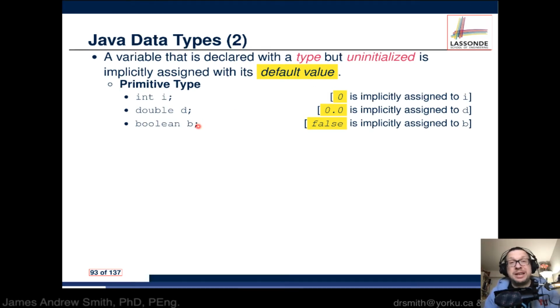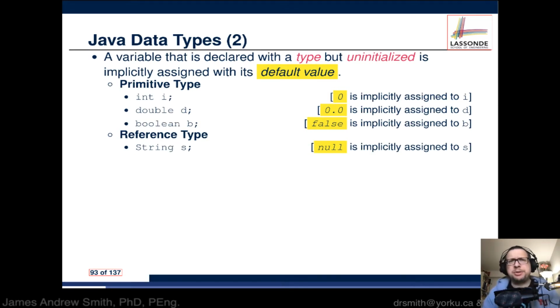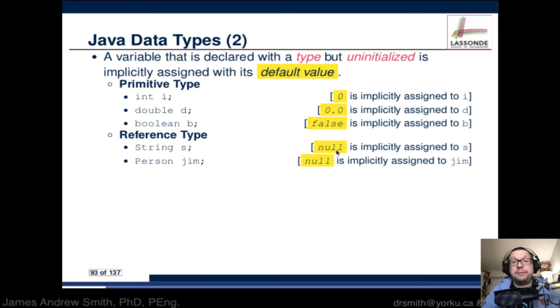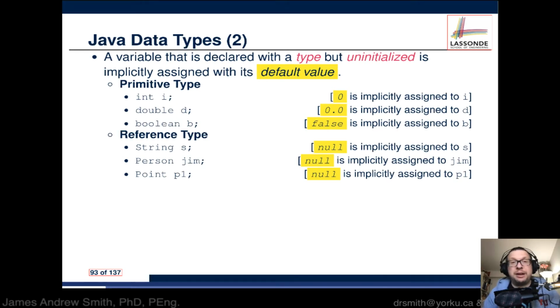Booleans, if you don't say what value the Boolean is when it's created, will be given a value of false by default. Now reference types, like a String with a capital S, if you don't say what its value is, will start out as null. If we create a Person called Jim, it will have a default value of null.